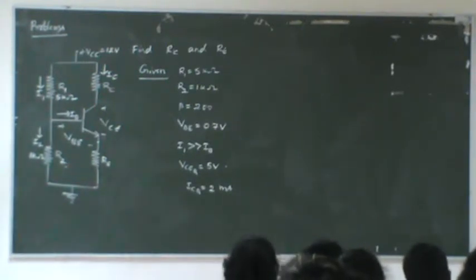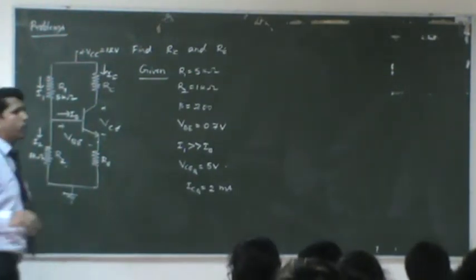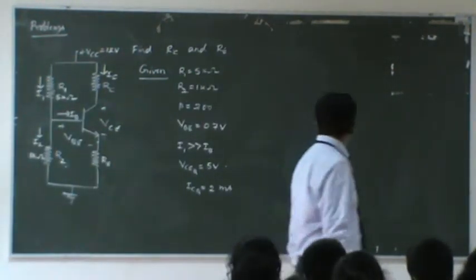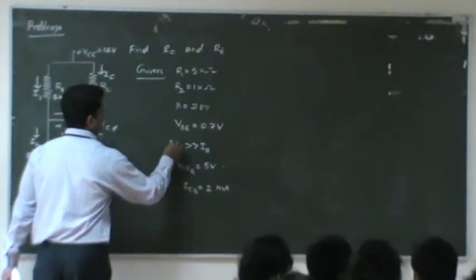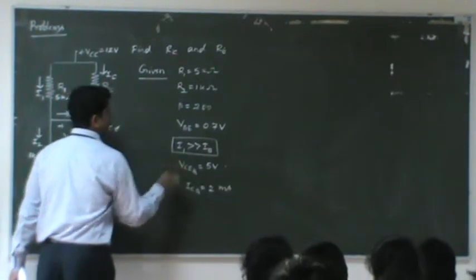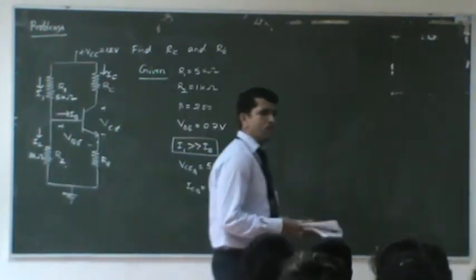Can anybody tell me what method to use here? Looking at the circuit and given conditions, look at the condition I1 is far greater than IB. You have to make use of that condition.